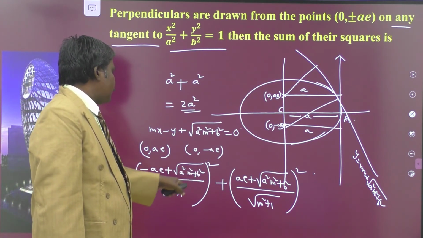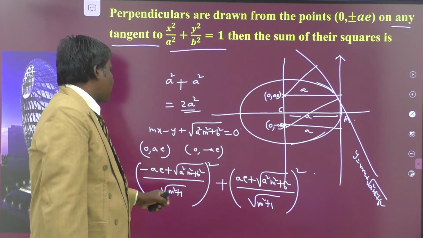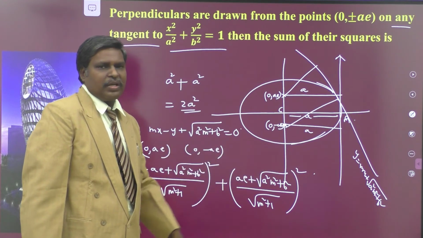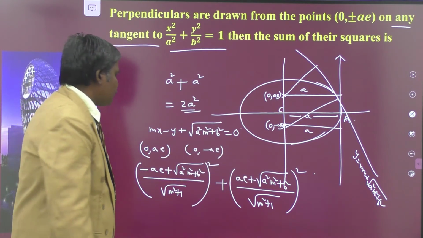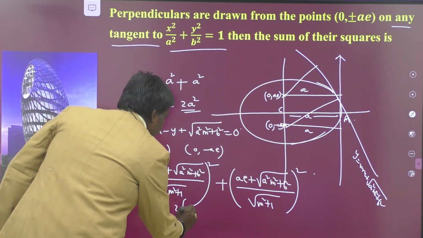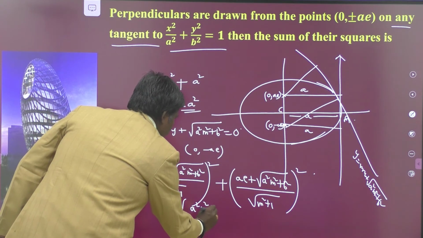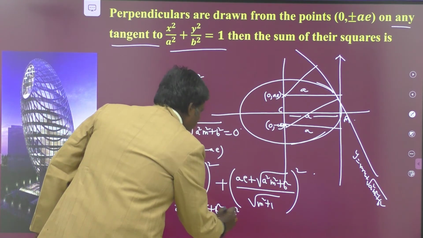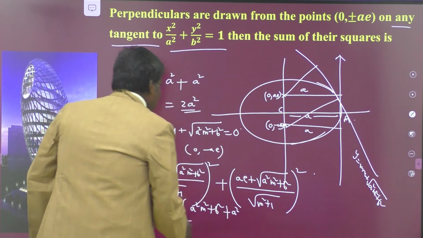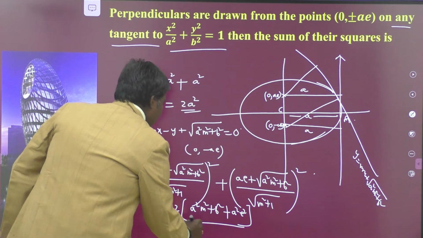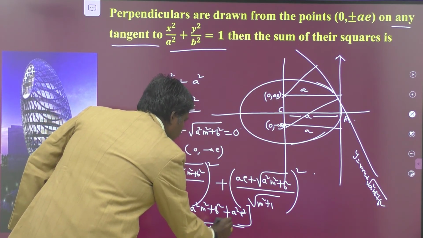The denominator is the same for both expressions. This is of the form a minus b whole square plus a plus b whole square, that is 2 times of a square plus b square. After taking the LCM, 2 times of a square m square plus b square minus a square e square, by 1 plus m square you have to write.